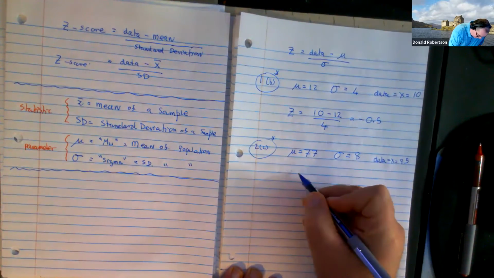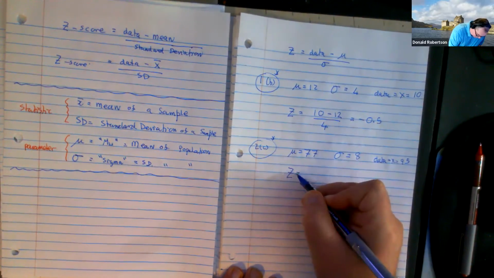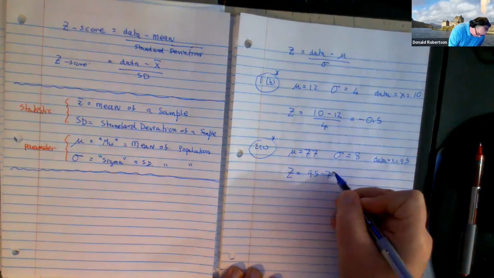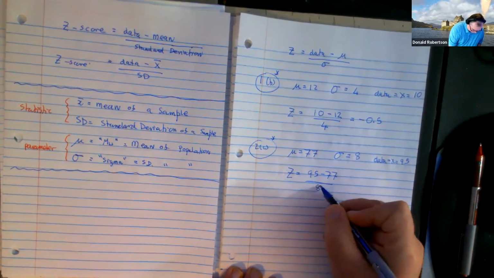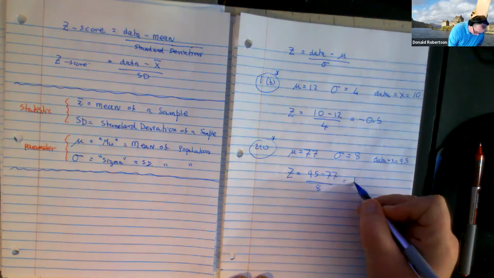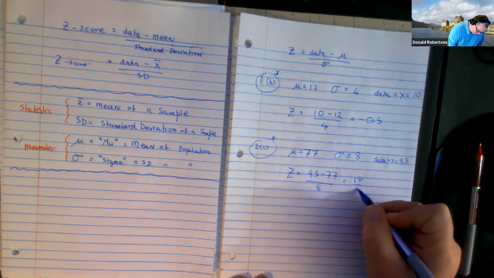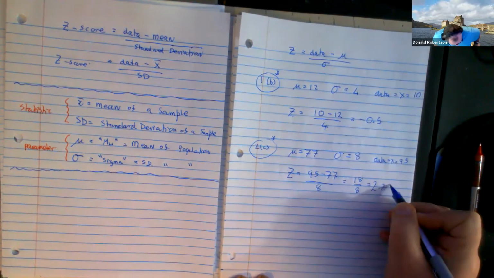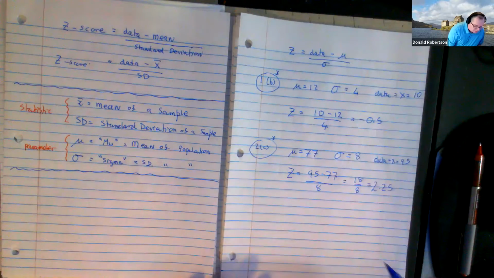So the z-score in this particular case then is 95, take away 77, divide by 8. That's 18 divided by 8, which is 2.25. Right.